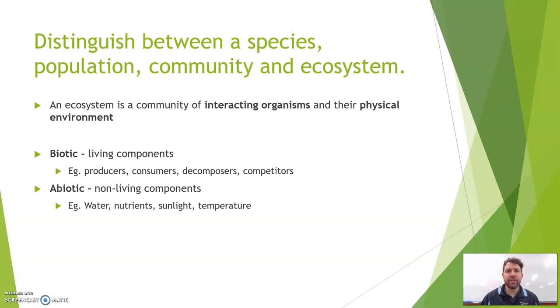So an ecosystem is a community of interacting organisms and their physical environment. The interacting organisms will be the living component of the ecosystem, and that's known as the biotic component.